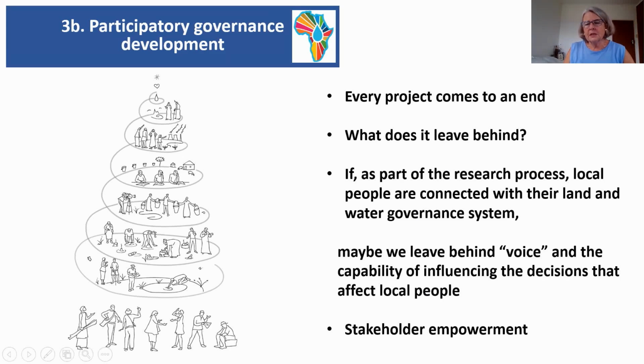And generally, we call this stakeholder empowerment, people who are able to go on into the future using this research. And so you have a process, an action process that is not linked just to a product like a report.